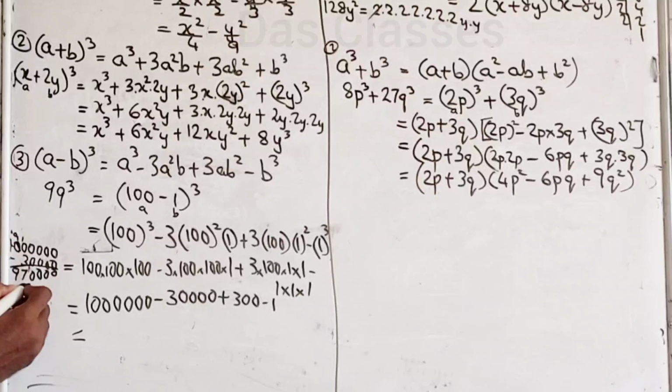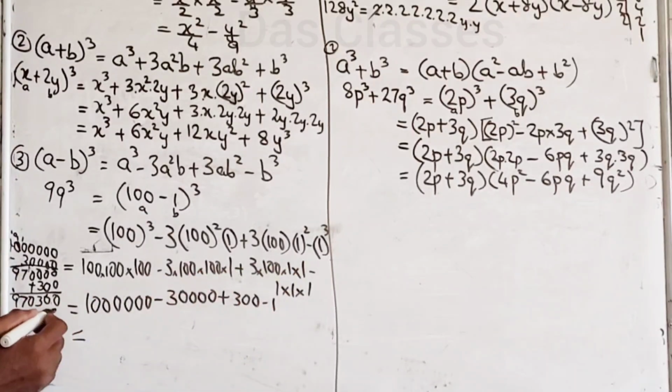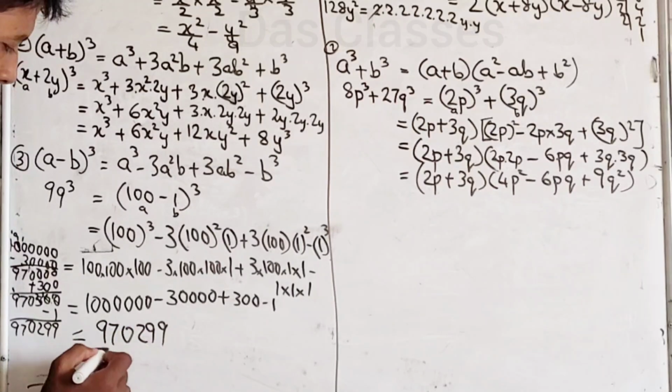Then you have to add 300, and then you have to subtract 1. So the final answer is going to be 970299.